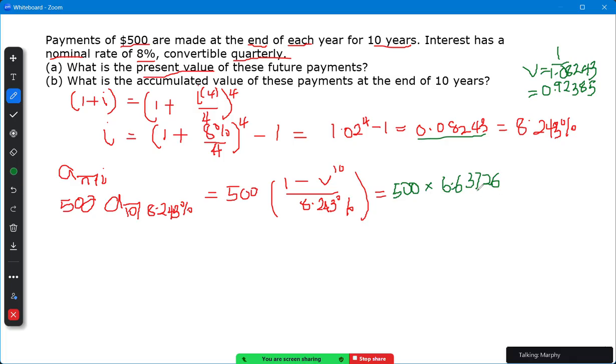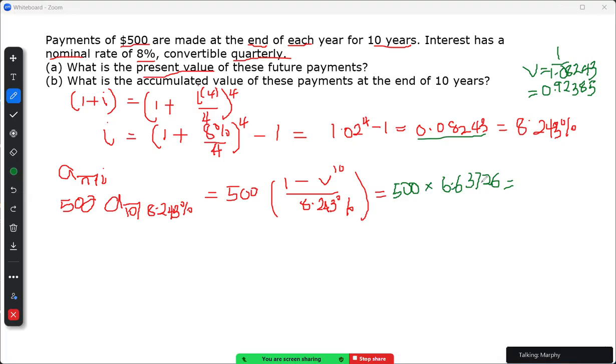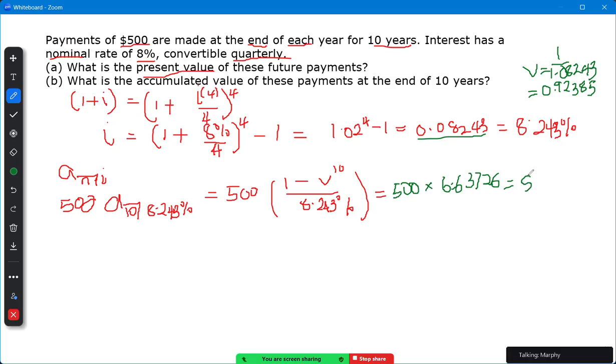So this is times 500, and the present value of this payment, the payment of 500 at the end of each year for 10 years, is going to be, oops, let me have that here. With the dollar sign there, it's going to be 3,318.63.